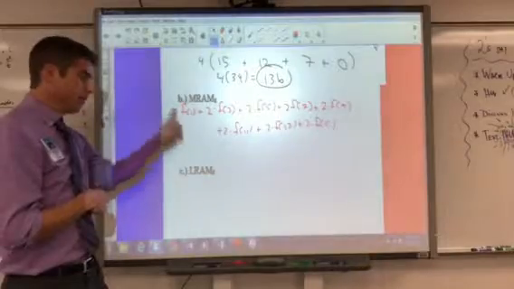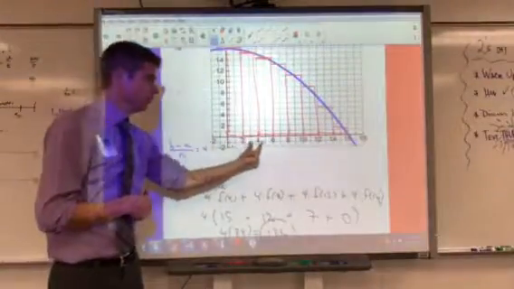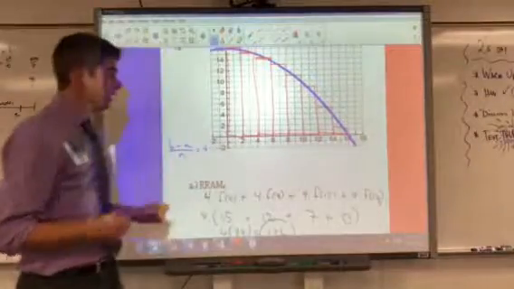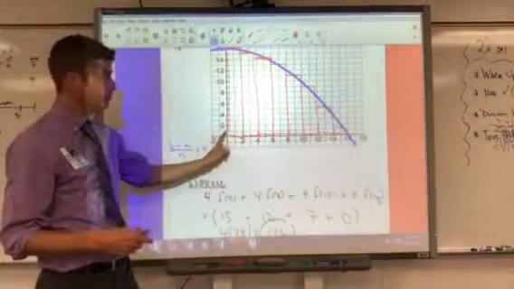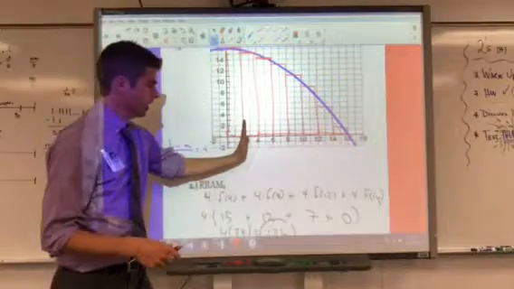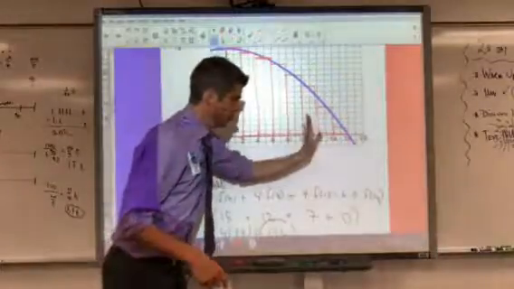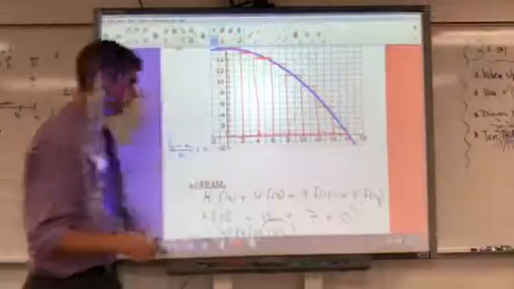LRAM, same 8 rectangles that I have up here partitioned, right? 0 to 2, 2 to 4, 4 to 6, 6 to 8. But now I'm going to choose the left side. So the first rectangle would be on the f of 0. The second rectangle's left boundary is 2, and then 4, and then 6, 8, 10, 12, 14 would be my last partition.